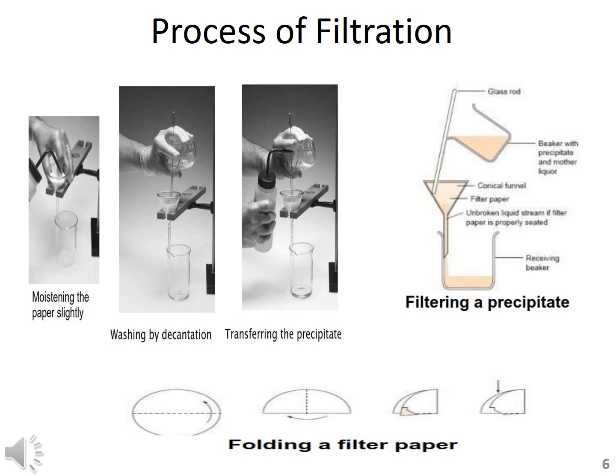This reaction mixture contains precipitates and the mother liquor. So in order to separate the mother liquor and the precipitates, we'll use this filter paper and a funnel. You can see here in this image, when you pour your reaction mixture on the funnel containing a filter paper, this filter paper allows only the mother liquor to pass and stops the precipitates.